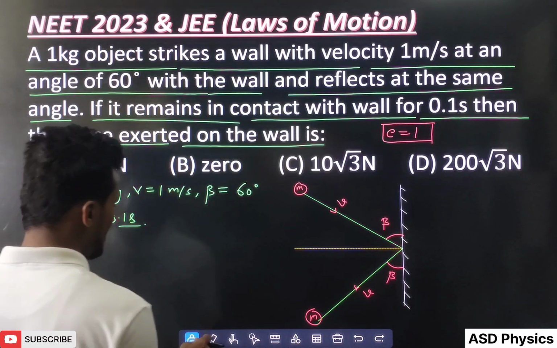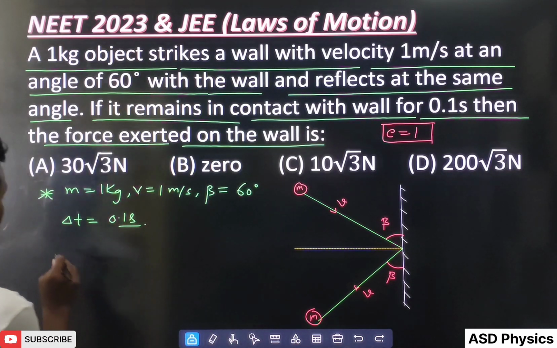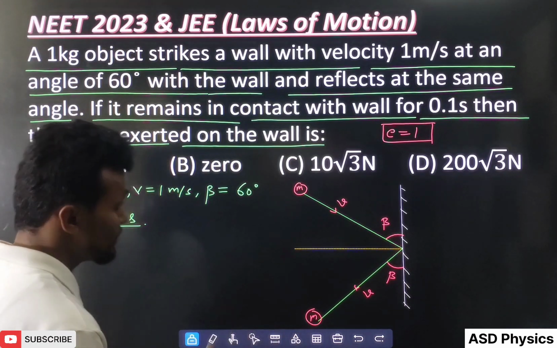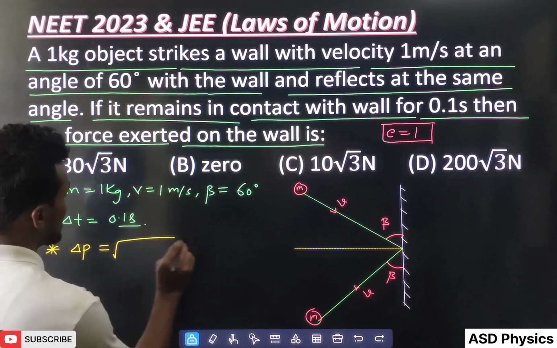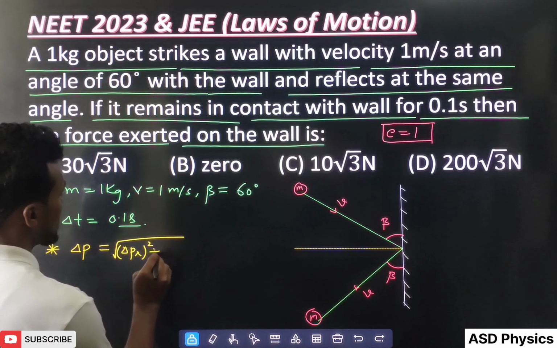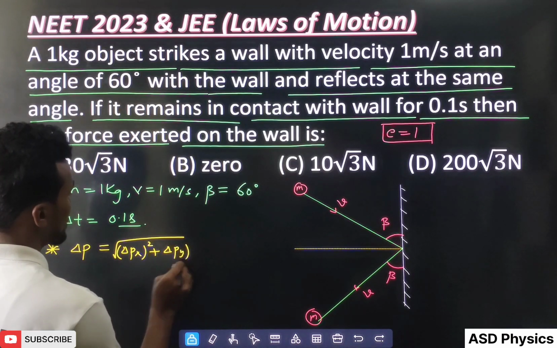So for a perfectly elastic collision, if I talk about the change in momentum in this situation, I am just telling you the shortcut: the change in momentum is the square root of delta px whole square plus delta py whole square.